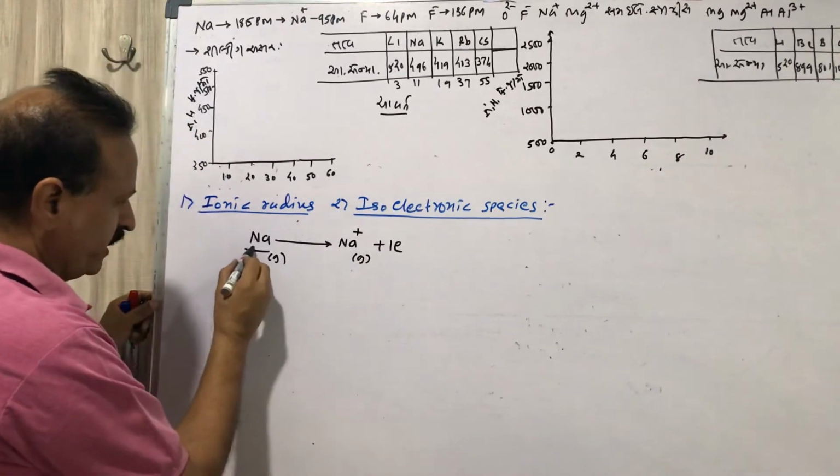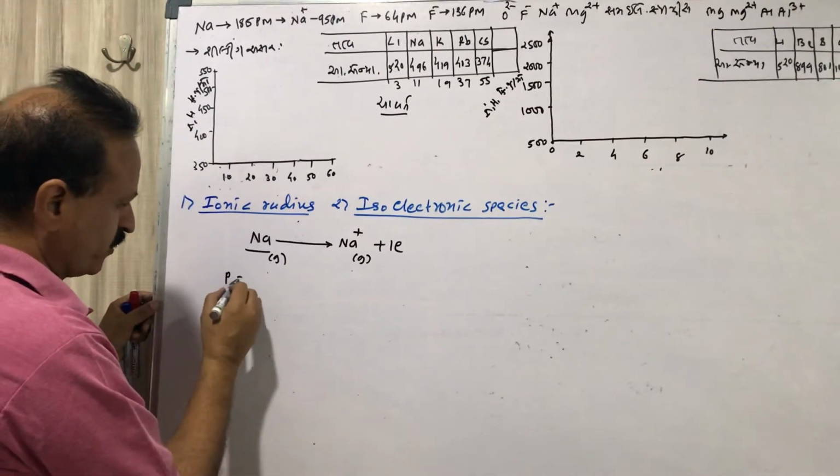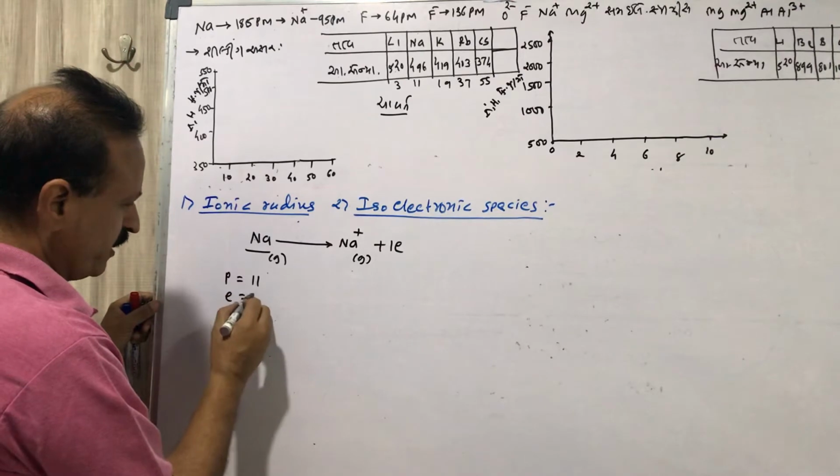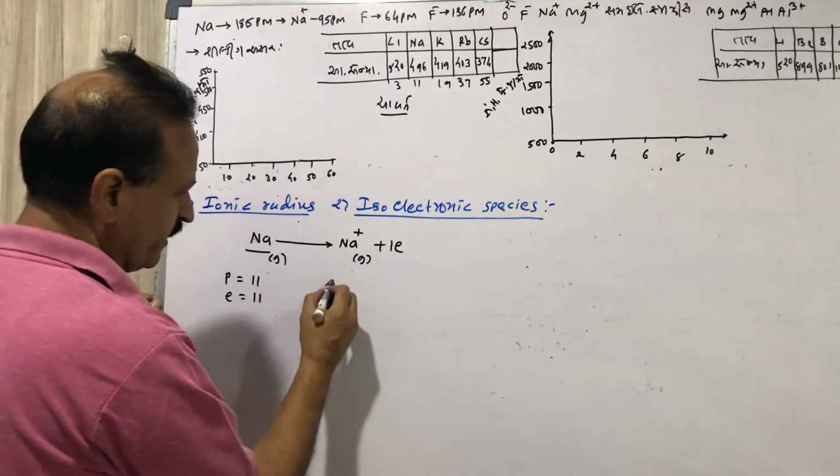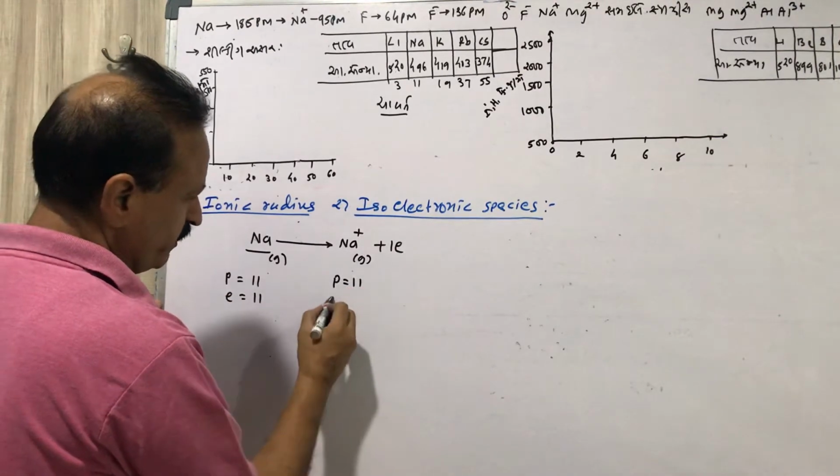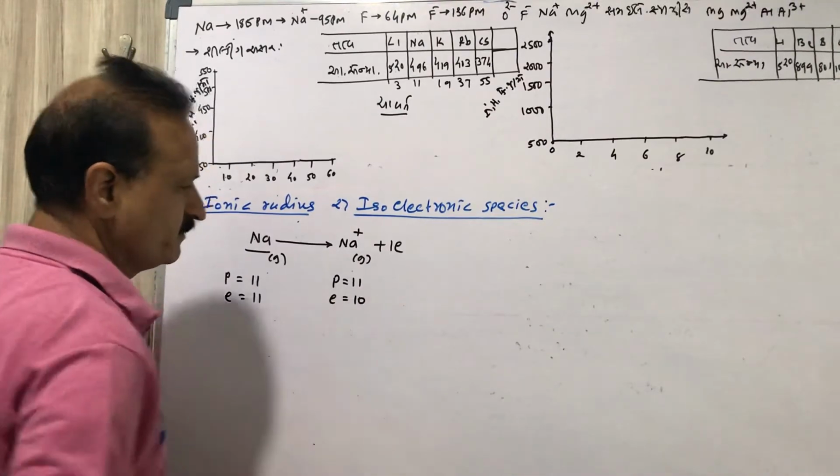In sodium, protons are 11 and electrons are 11, while in the sodium ion protons are 11 but electrons are 10.